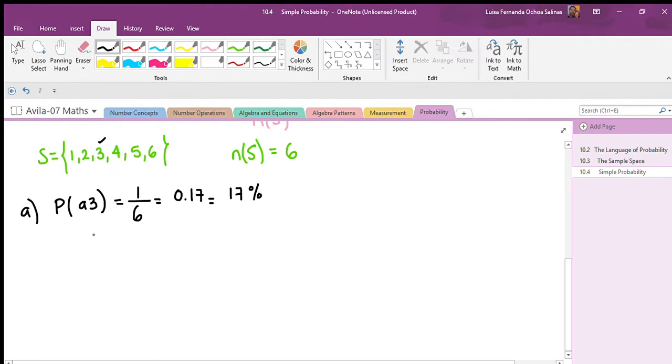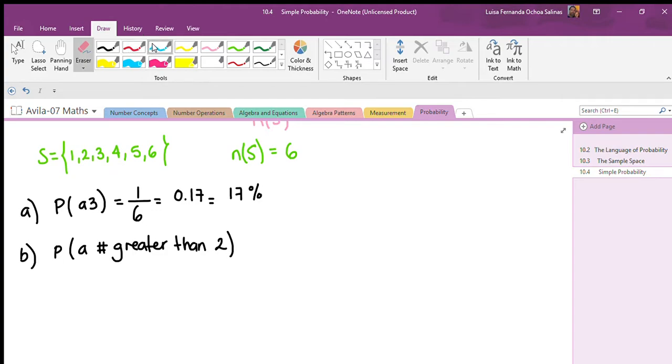Okay, second exercise. What is the probability of obtaining a number greater than 2? Okay, so I'm going to do it with blue this time.